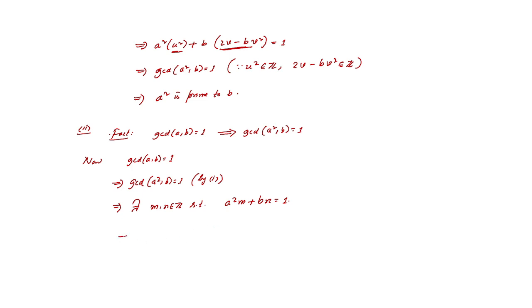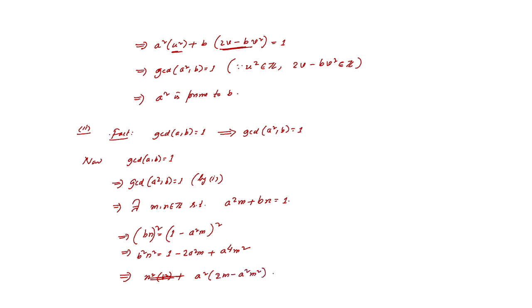Now, from that we can write Bn equals 1 minus A square m. And we are squaring on both sides. So that means B square n square equals 1 minus 2 A square m plus A to the power 4 m square. That implies A square into (2m minus A square m square) plus B square into n square will be 1.